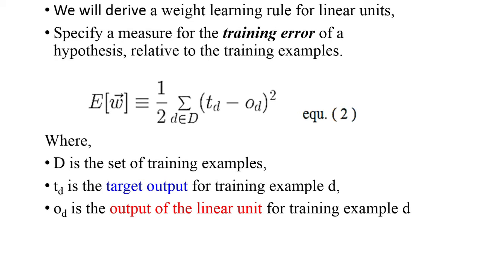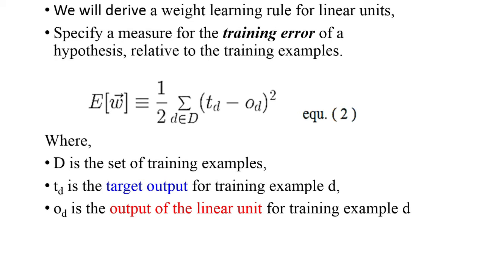This error function, that is E of W vector, measures the difference between the generated output and the target output for every example small d across the whole training set capital D. Note that the error is a function of our weight vector.